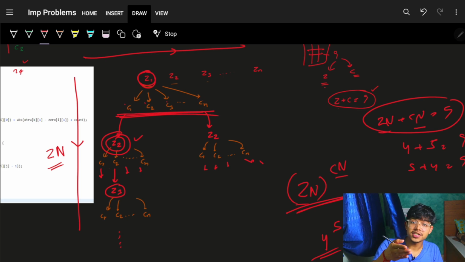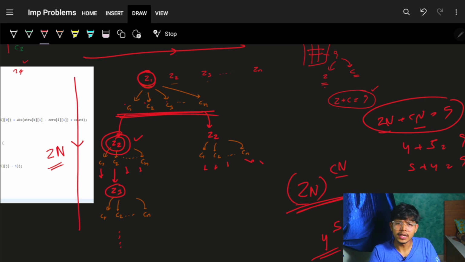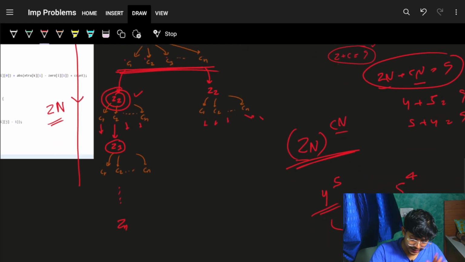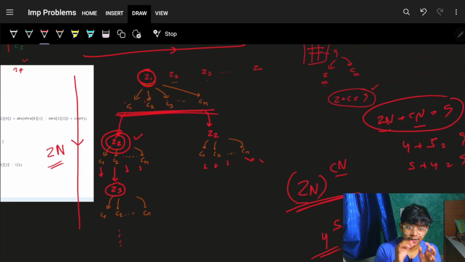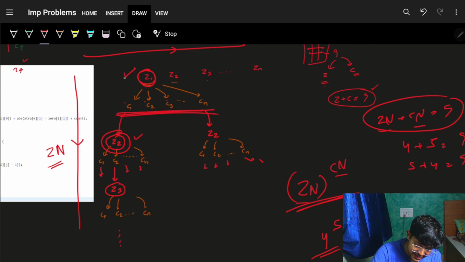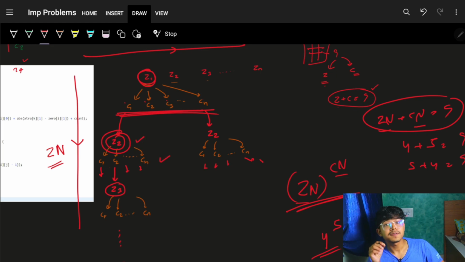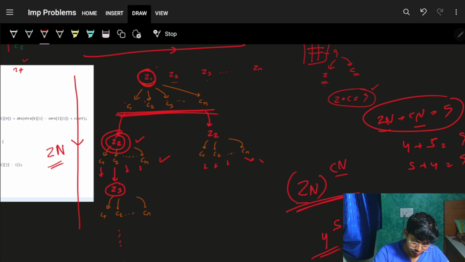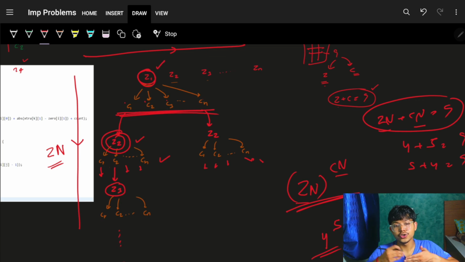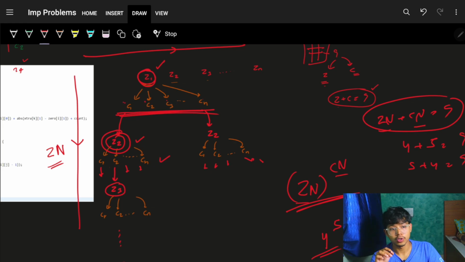Then from Z2 you can go on to say, let's say Z1, and you can try for every possibility. But you see that for every Z stone, I'm going and trying for every possibility. And with this factor itself, when you are using Z1, for sure you will be using some stone, so either C1, C2 up to Cn will be used. Any one stone will for sure be used.